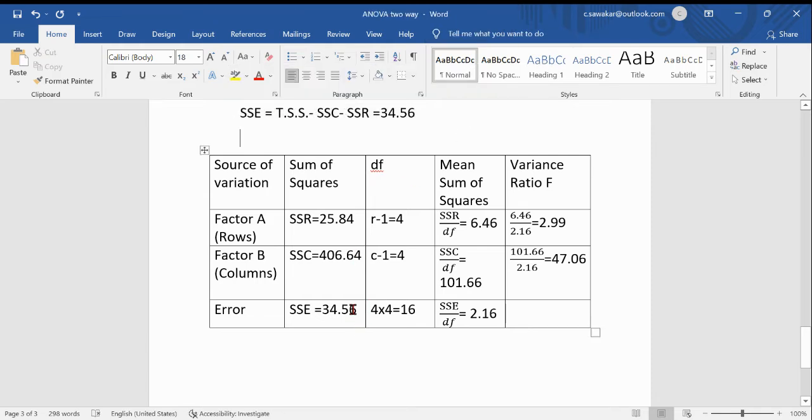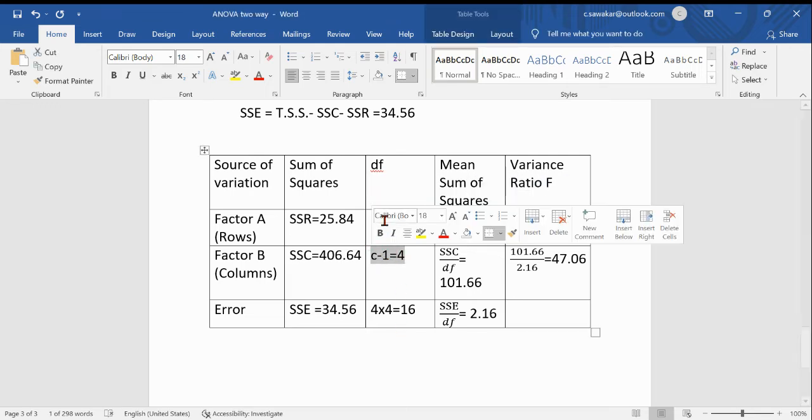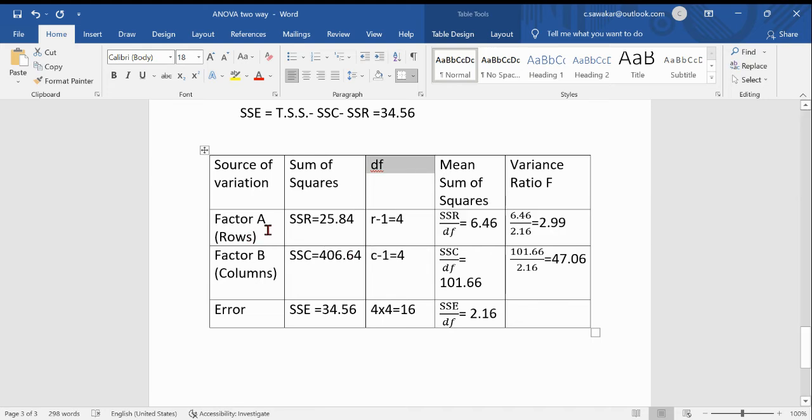Now in this case, just pay attention here. The degree of freedom is the degree of freedom for factor A into the degree of freedom for factor B, that is 4 into 4. That will be the degree of freedom for the error. Here we are combining the two things. So degree of freedom is done.